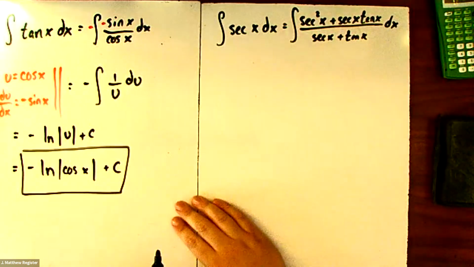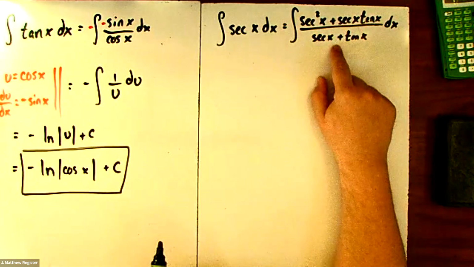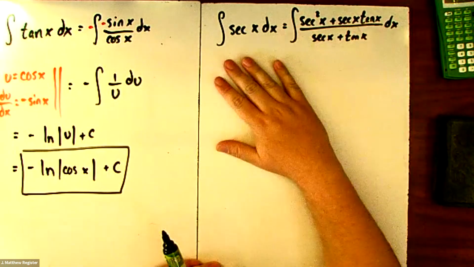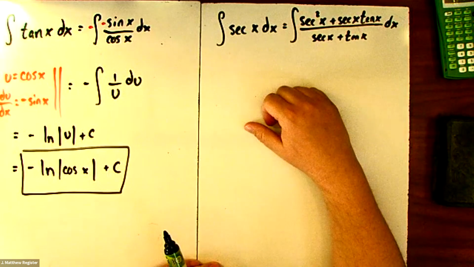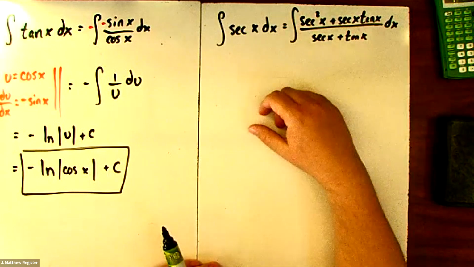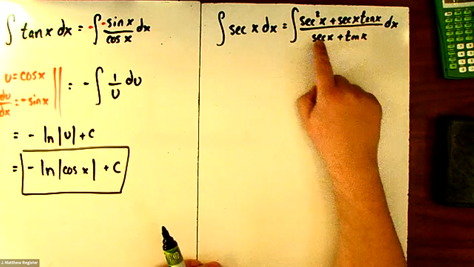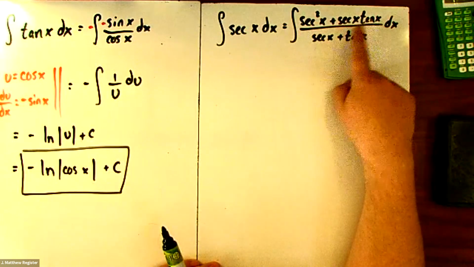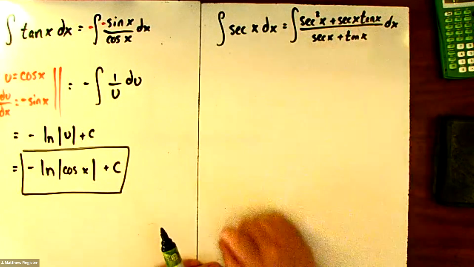I would not expect you to be able to come up with this idea. This is a really cool trick, but it's not something which is very common. It is something which can be done, though. And so looking at this, if you factored out a secant from the numerator, you would see that there's a secant x plus tangent x, and that would cancel with the denominator.